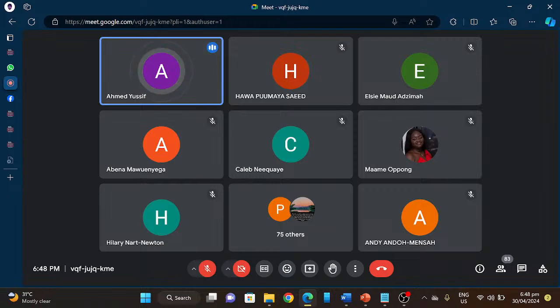Then phenobarb 100 to 200 every 6 to 8 hours. You could even add chlorpromazine, also around 50 to 100 milligram every 6 to 8 hours. All these are not fixed, so you have to look at your patient and titrate based on the condition.